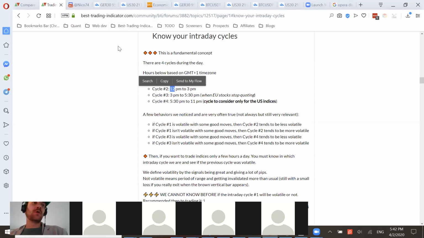I will repeat that one more time. If there are moves in the first cycle of 50 pips or 100 pips for the Dow Jones, for instance, at 12 p.m. you know that the Dow is volatile. So if you want to trade the second cycle, you can, but you must wait for a bigger pullback.